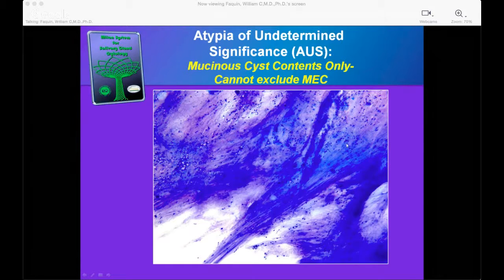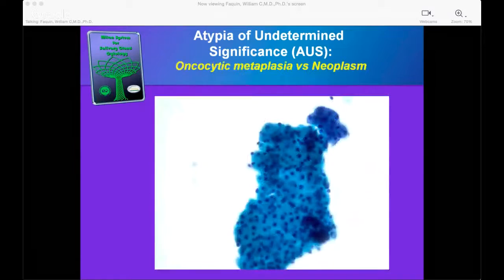But if you have mucin like this in the background of a cyst on a salivary gland FNA, you cannot exclude the possibility of a low-grade mucoepidermoid carcinoma. And for that reason, this sort of aspirate should be placed into an atypical category to warn the clinicians we cannot exclude a low-grade mucoepidermoid carcinoma.